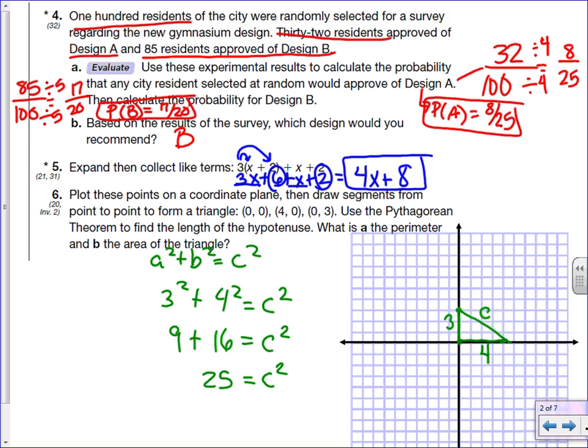And then if c squared is 25, then c must be whatever number times itself gives us 25, or the square root of 25, which is 5. So we can replace this c with a 5 now.